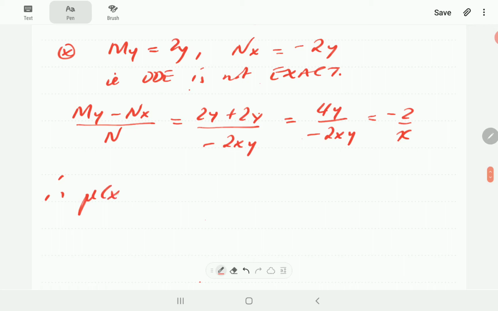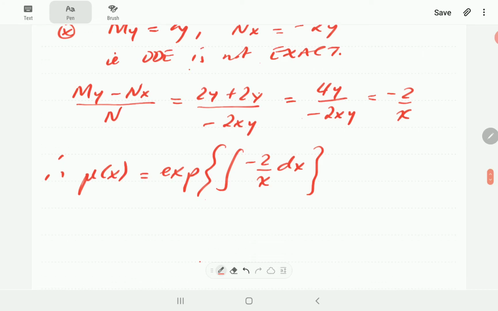So mu of x is going to be the exponential of the integral of negative 2 over x dx. So if we integrate this, the integral of that is going to be negative 2 ln x.